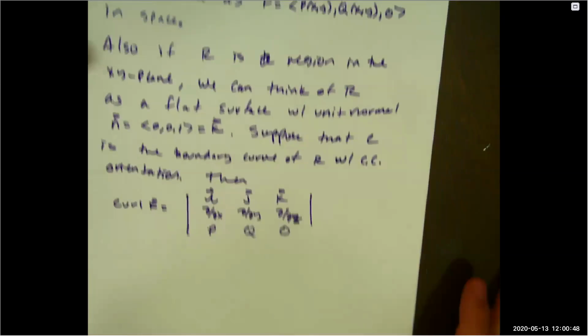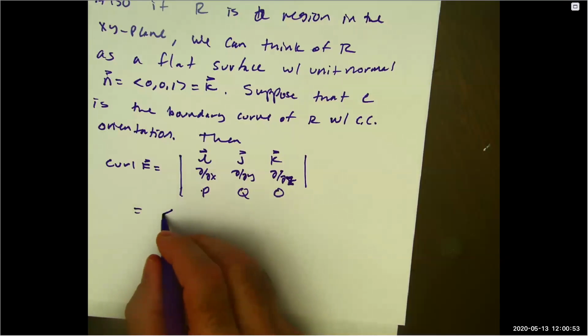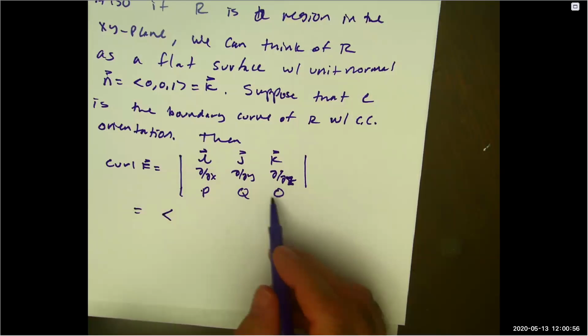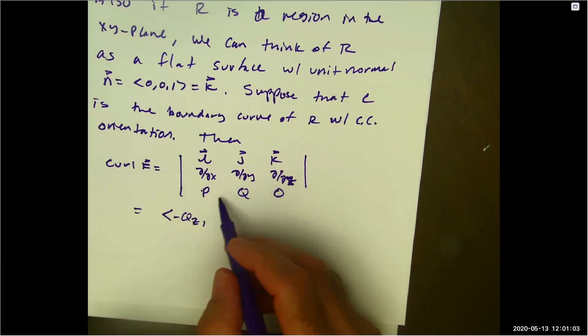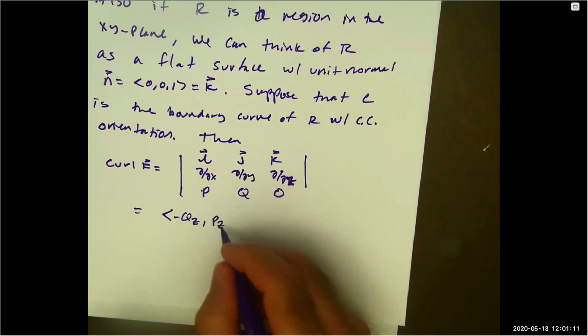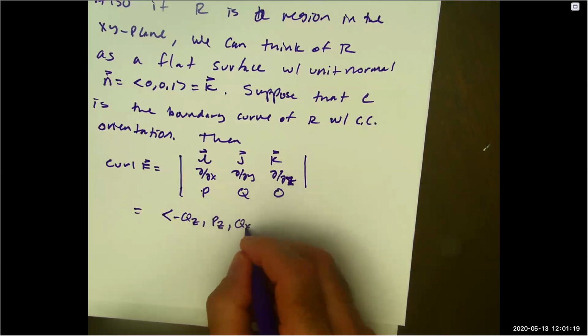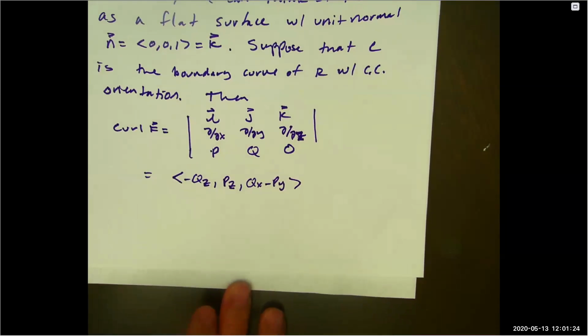Let's see what we get here. We're going to get 0 minus Qz, and then the Pz minus 0, and then for the last one, we're going to get Qx minus Py.